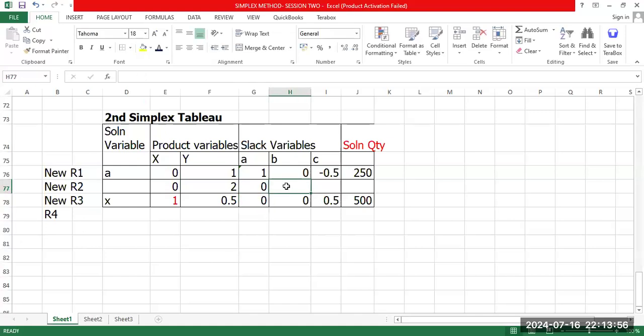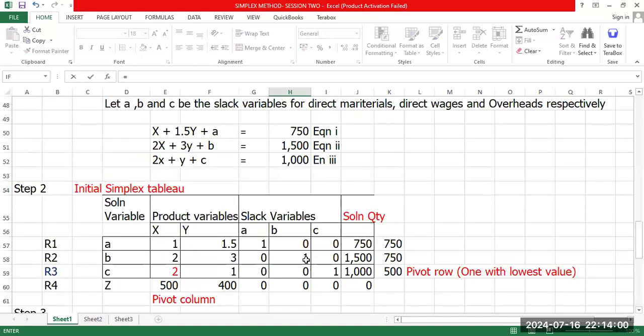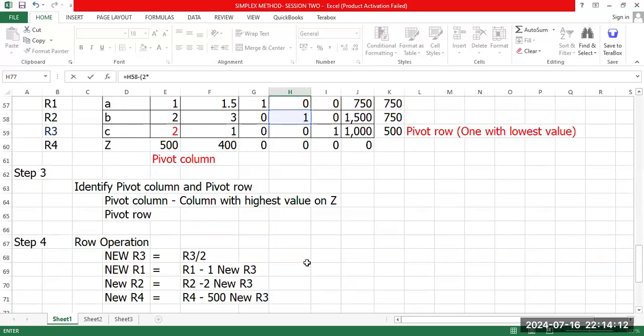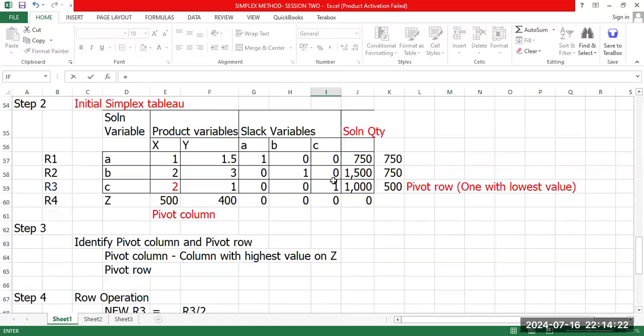So I go to the next, B. What is the original B on row 2? It is 1 minus open bracket. Please don't always forget that bracket. You multiply by the figure you have here. Then next, what is the value you have on C, row 2? It is 0.